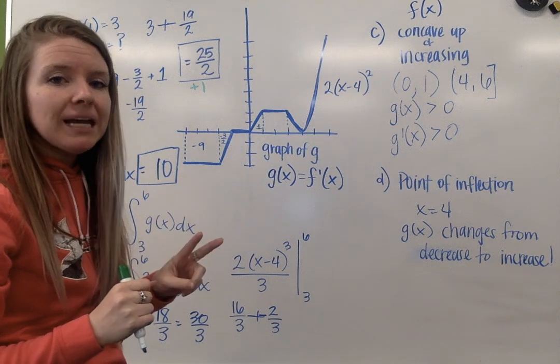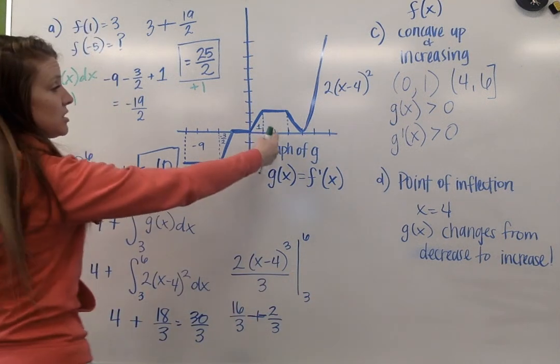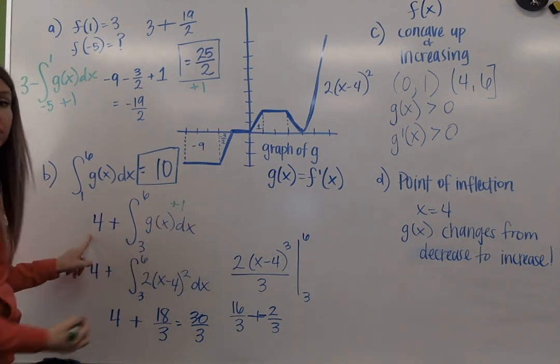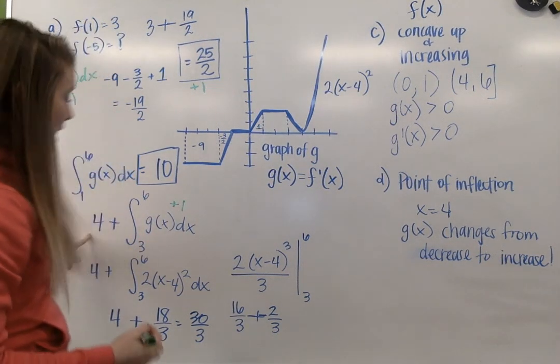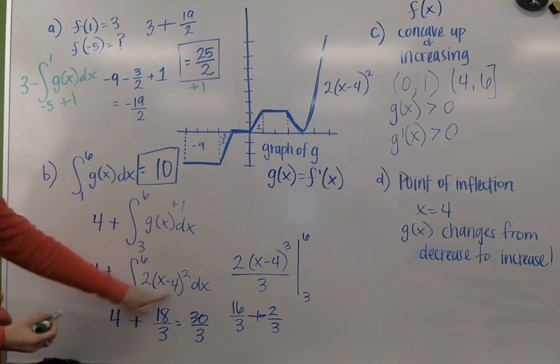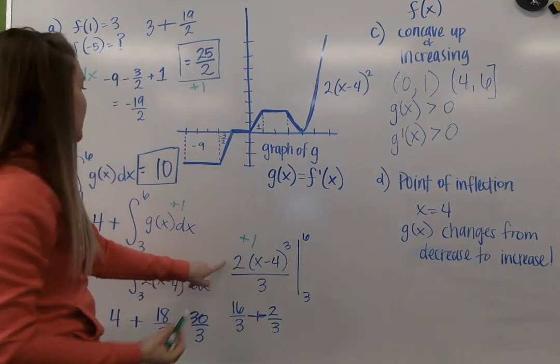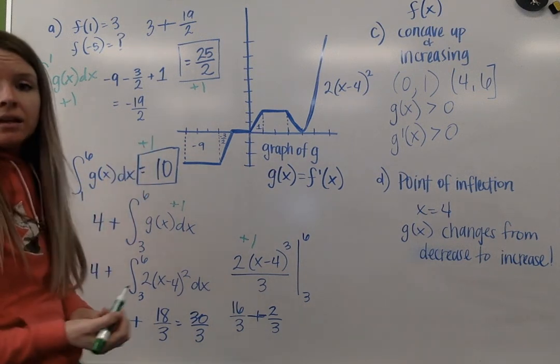Okay, part B, knowing that our function was split here at 3, which I did here, would have given me 1 point. The antiderivative of our function, which I got here, would have given me my second point, and then my answer of 10 gave me my third point.